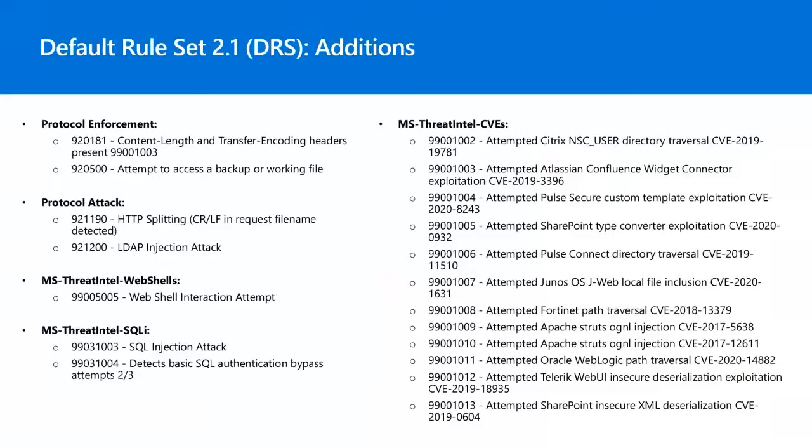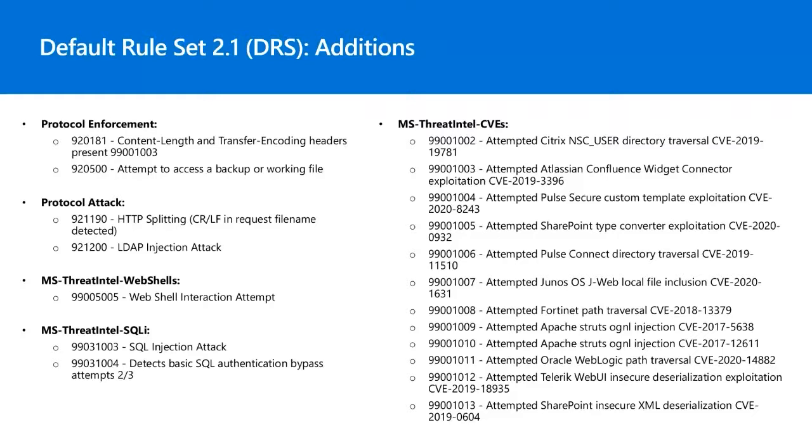Yeah, so here is a list of the additions to DRS 2.1 as of today. We do have additional rules in protocol enforcement and protocol attack. These are part of the OWASP rule set. And when it comes to the actual Mystic type rules, or the Microsoft Threat Intelligence rules, we have a few new ones for web shells and SQL injection, but as you can see, our CVE list has grown exponentially here.